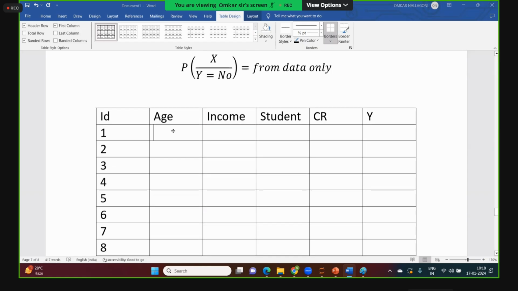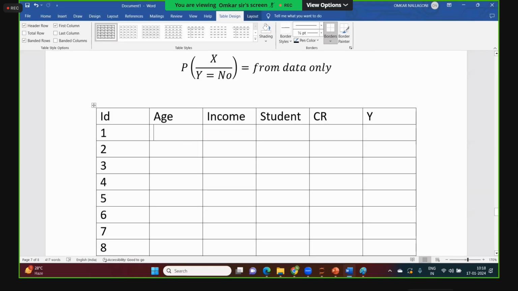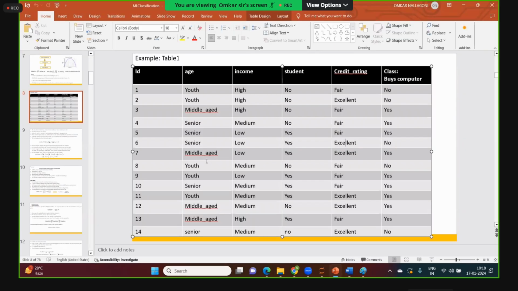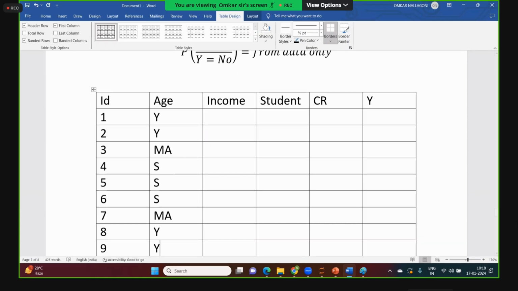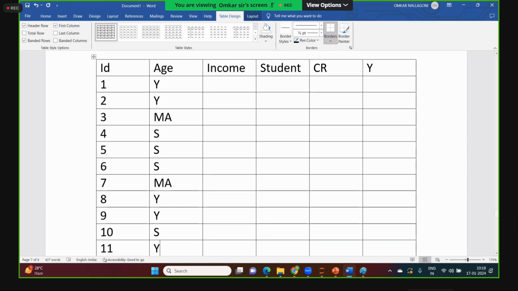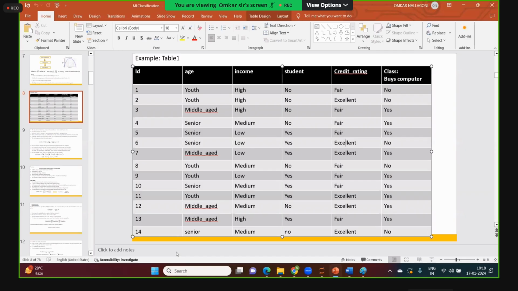And what is age? Youth, middle-aged, and senior. The values are youth, middle-aged, senior, and middle-aged, and so on, with youth, senior, youth, middle-aged, senior.